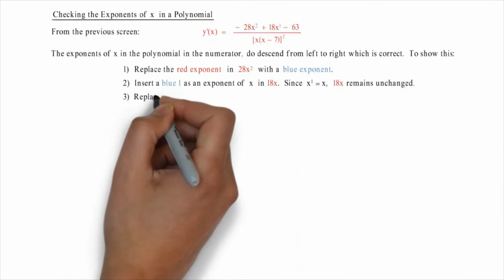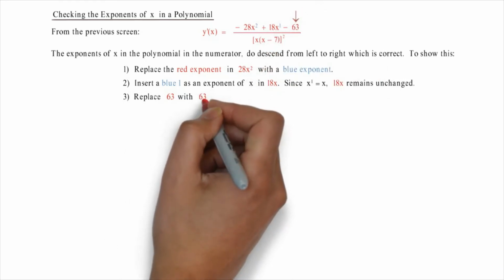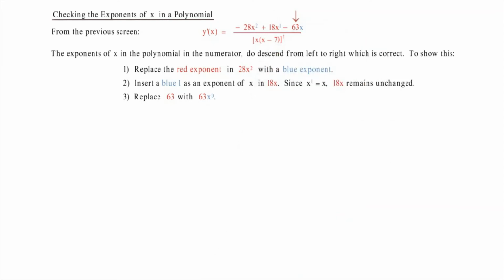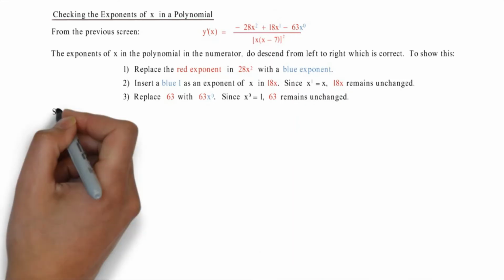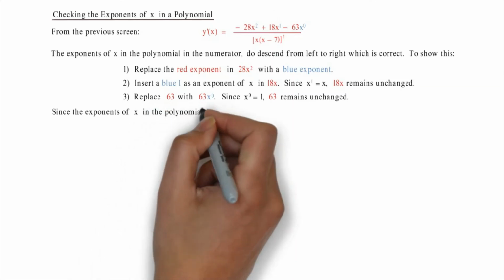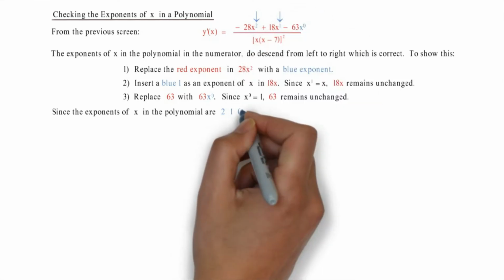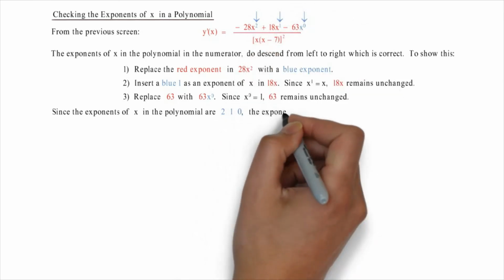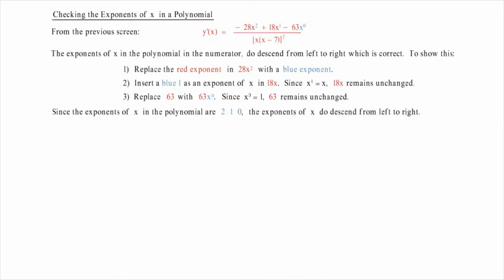3. Replace 63 with 63x to the naught. Since x to the naught equals 1, 63 remains unchanged. Since the exponents of x in the polynomial are 2, 1, 0, the exponents of x do descend from left to right.